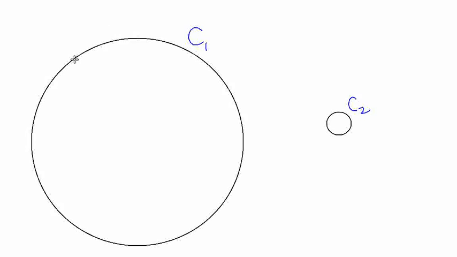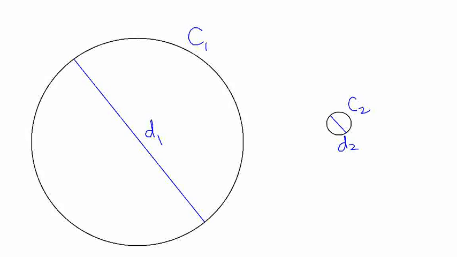Let me further denote the diameter of the big circle by D1, and the diameter of the little circle by D2. Now, you can confirm this. You can draw circles all day long of whatever size you like, and measure the diameter of your circles with a ruler.